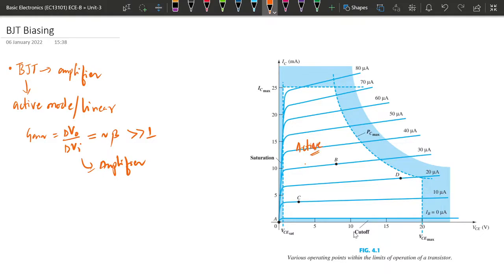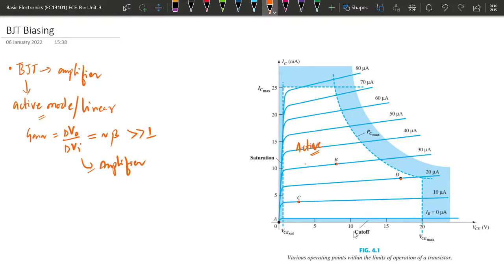We need to bias the BJT such that the operating point, like this is one of the operating points, this is one, and this D is one of the operating points, should be within this unshaded region. This is the region where the BJT works as an active mode transistor. In that active mode the amplification property of the BJT can be obtained.